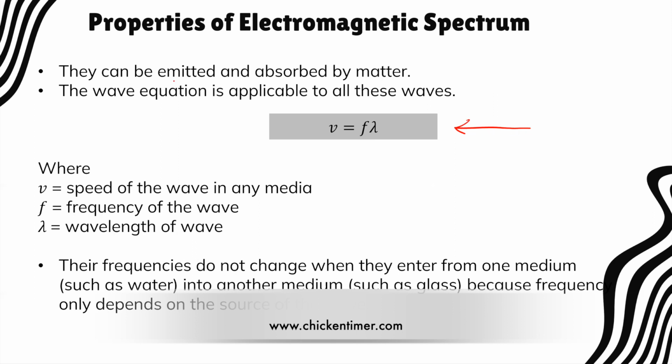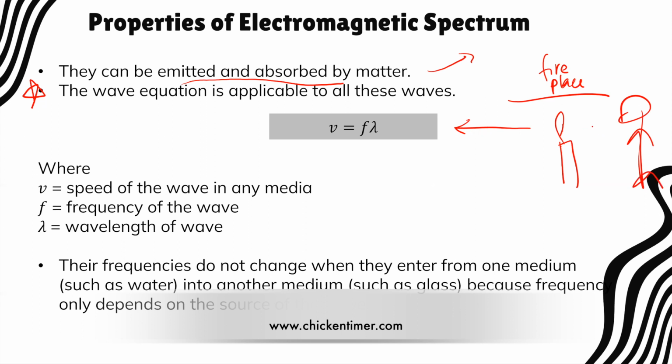Then they can be emitted and absorbed by matter. This one is also not so important. You can imagine this: if you burn a candle and sit next to it, you will feel heat, right? That is infrared radiation. Infrared radiation can be emitted or absorbed.